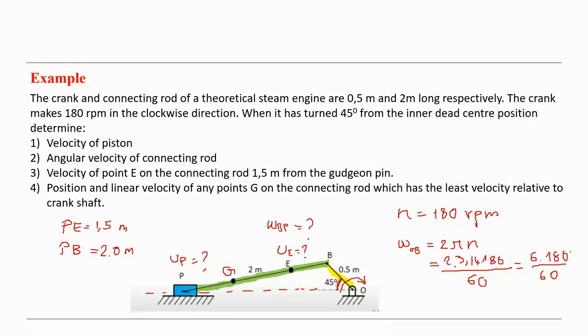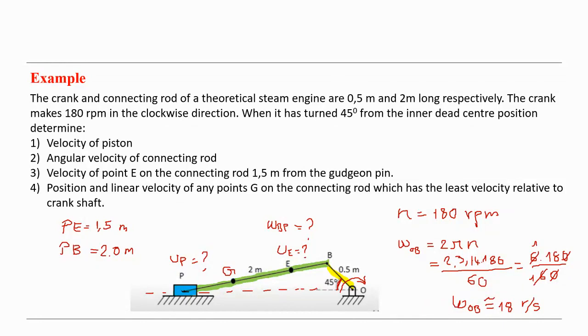Taking out the 6 with the 60, we have 1 and 1, and this is nearly 18 radian per second. This is the angular velocity omega OB, 18 radian per second.